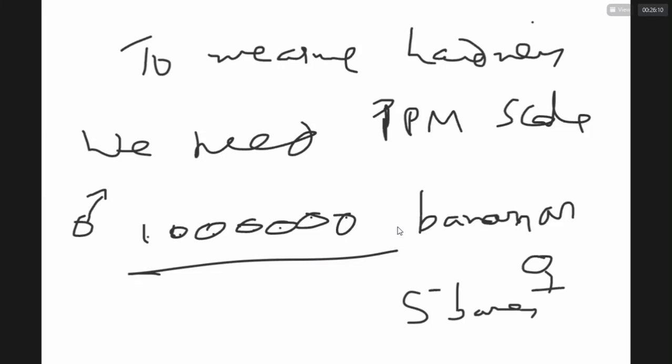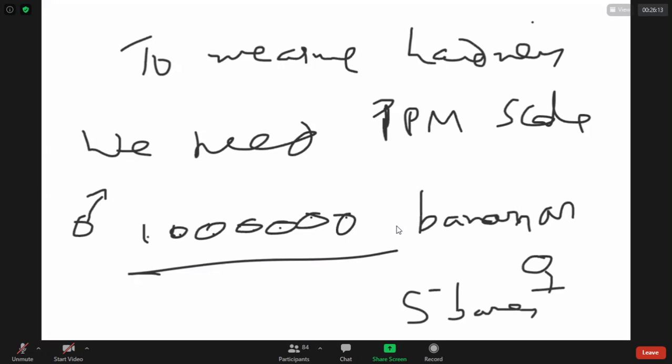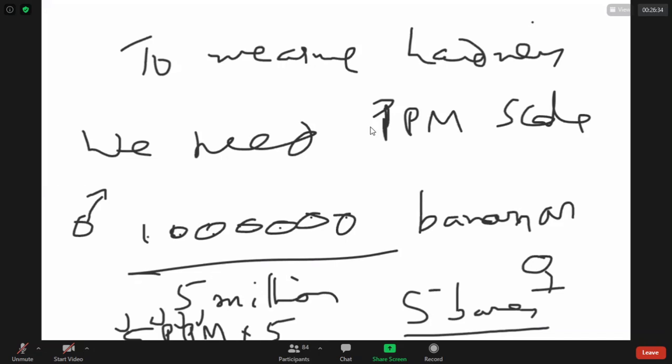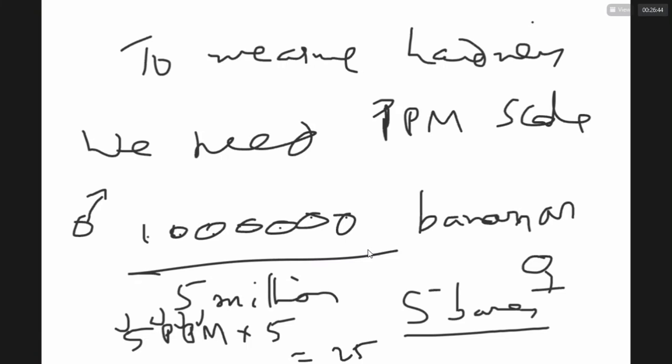That is your rule. Suppose you have 5 million bananas. How many bananas your girlfriend will have? For every million, you are giving 5. The amount of bananas you are giving is said to be 5 ppm, 5 parts per million bananas. Because you have 5 million, total girlfriend will be given 25 bananas. ppm scale says for 1 million, how much is it? Are we very clear?